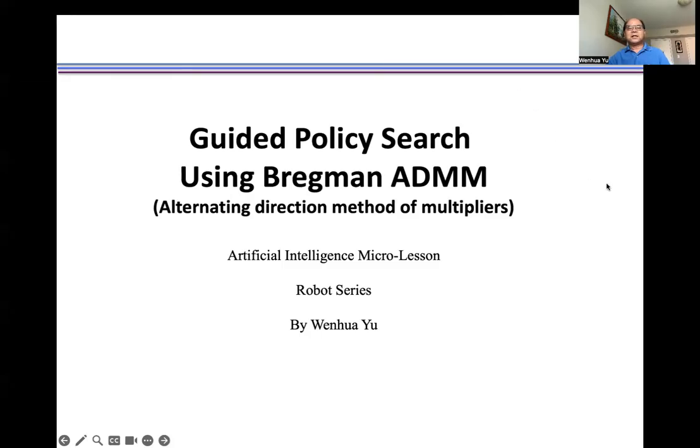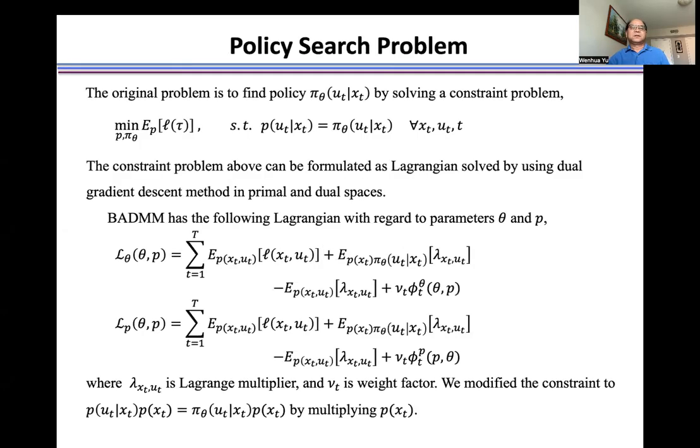Now we introduce guided policy search using Bregman alternating direction method of multipliers. For the policy search method, the original problem is to find the policy pi by solving a constraint problem: minimize the expectation loss along a trajectory subject to a constraint.